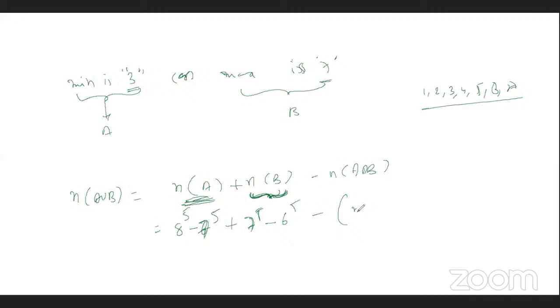This we have to observe very carefully: minimum is 3 and maximum is 7. What will you do? 5 power 5. Is 5 power 5 correct? No, sir.